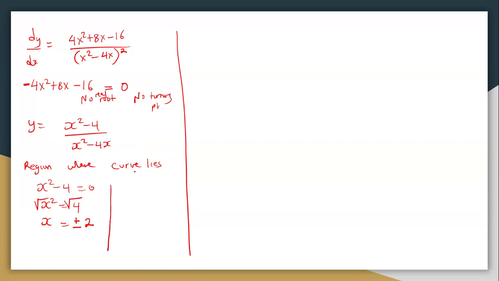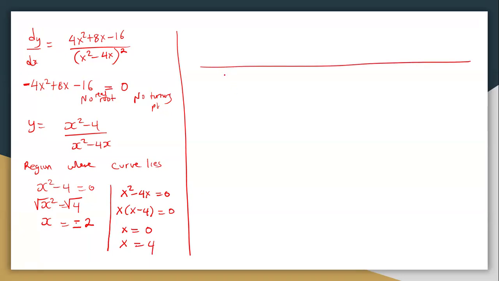Then when you equate the other one, x squared minus 4x is equal to 0, we have x into x minus 4 equals 0. Then we have x equals 0, and x equals positive 4.